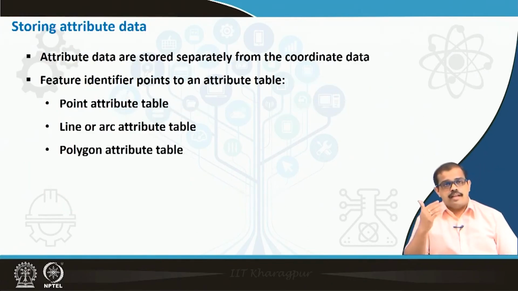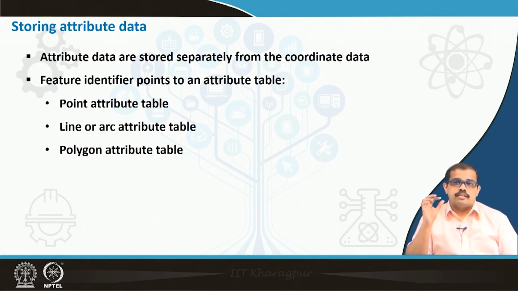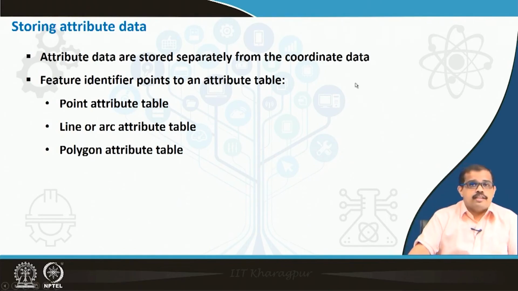We are coming to the last part of this lecture. We have understood the different types of data models, the vector data models, the spaghetti and the topological data model. Now we will look at how we store attribute data. Attribute data are normally stored separately from the coordinate data, or in the same form but with the coordinate information in different columns from the attribute data.